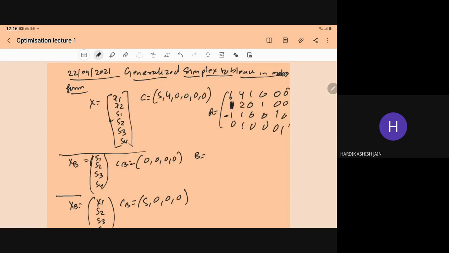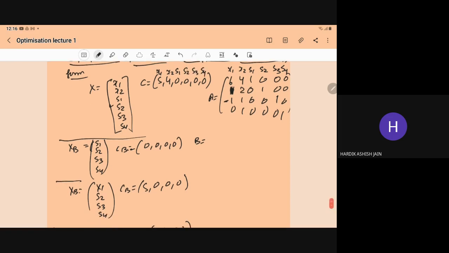That is your A. This column is corresponding to x1, this is corresponding to x2, this to s1, this to s2, this to s3, and this to s4. Similarly, each column of the rows corresponds to x1, x2, s1, s2, s3, and s4.